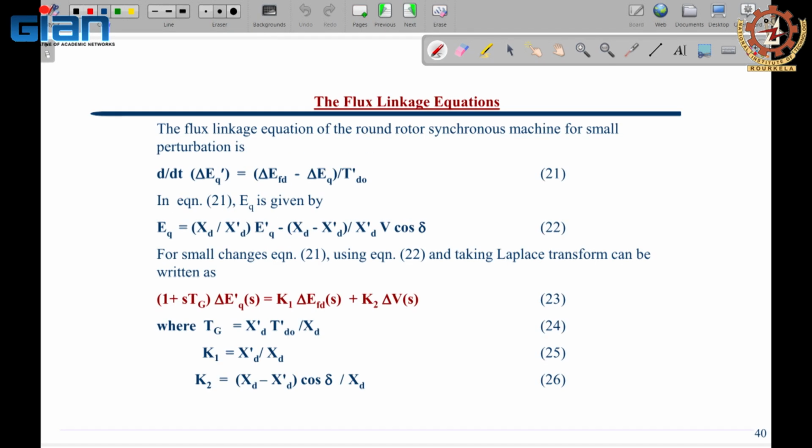Then like this, flux linkage equations we deal with. Then if you have got the reactive power support, capacitor banks or static VAR compensator, you have the appropriate equations for the reactive power support provided by the static VAR compensator.